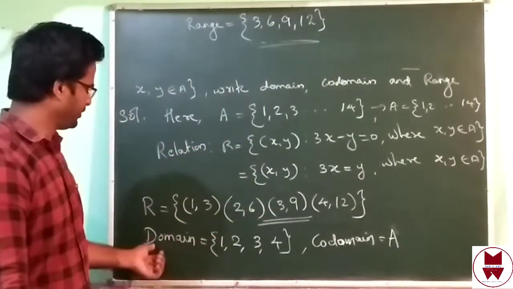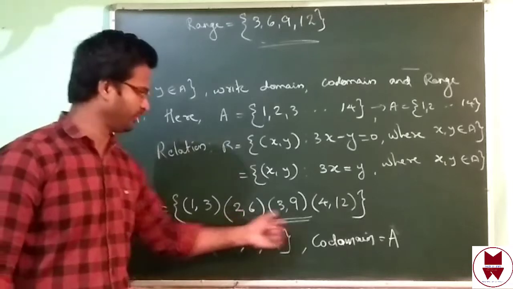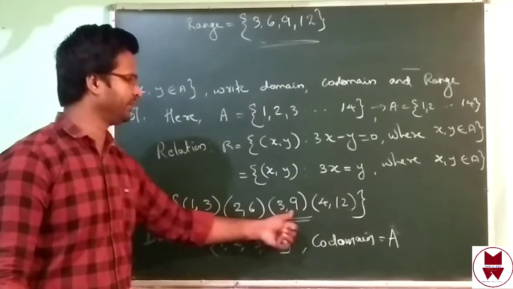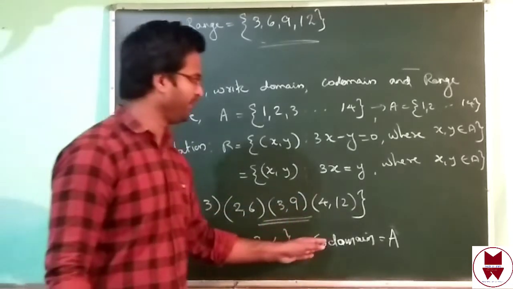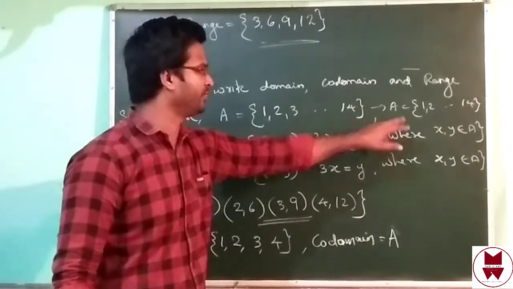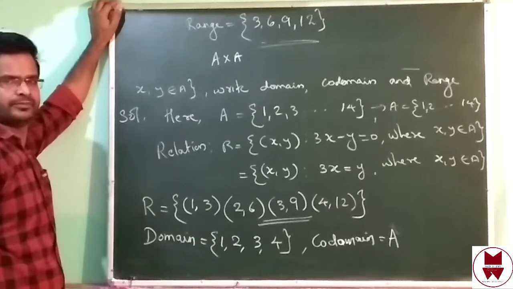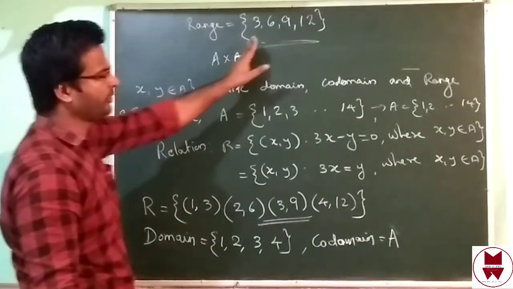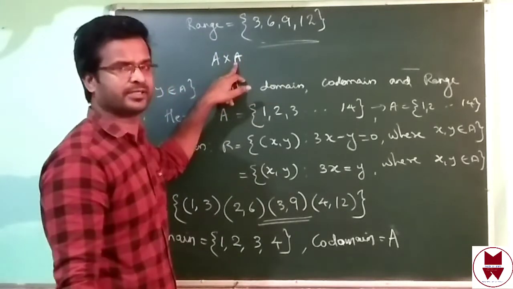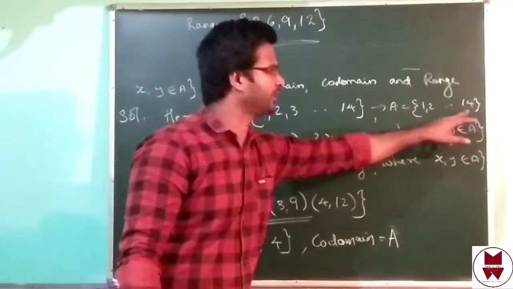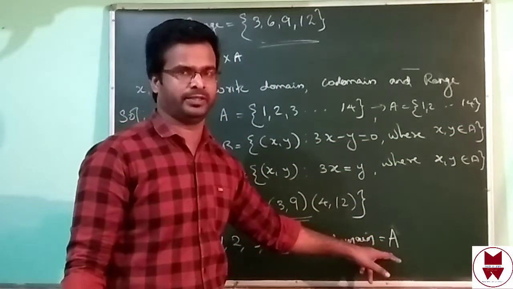Again, listen. Domain means the first element from the ordered pairs: 1, 2, 3, 4. Codomain means the second set. Here our relation is A cross A, A to A only. That means the second set is A only, so we write all the elements as the codomain.